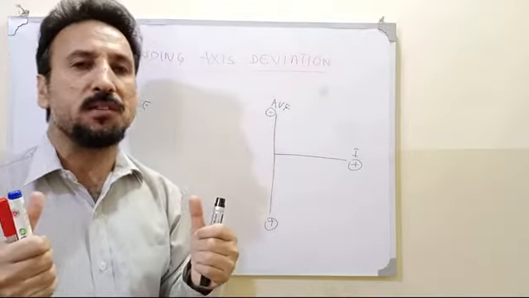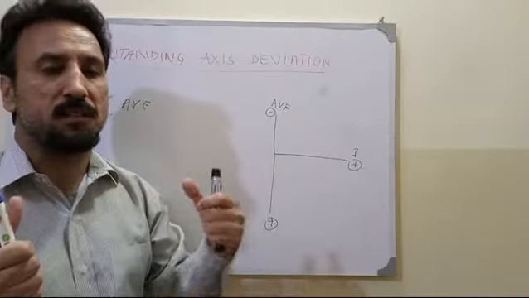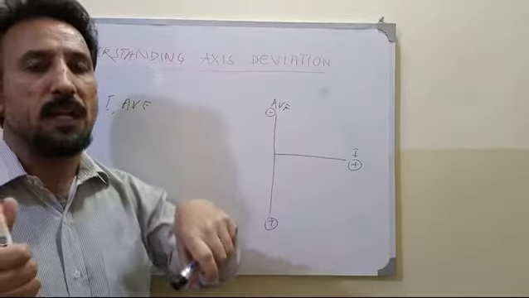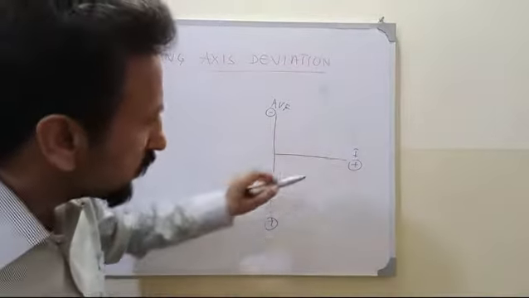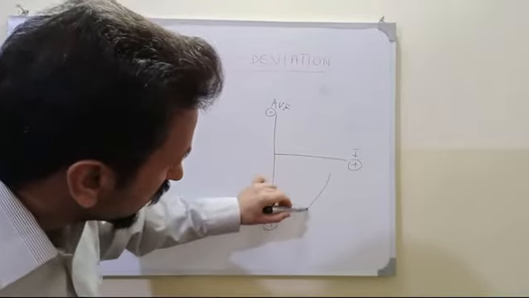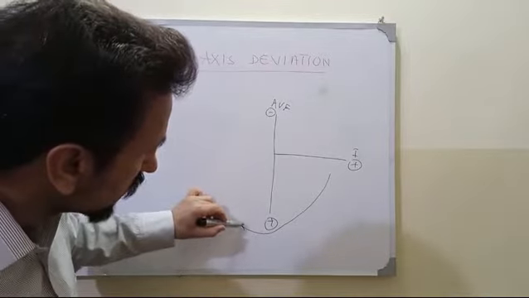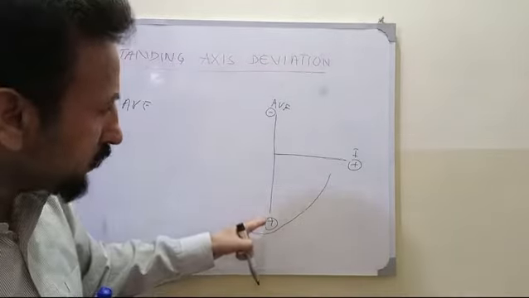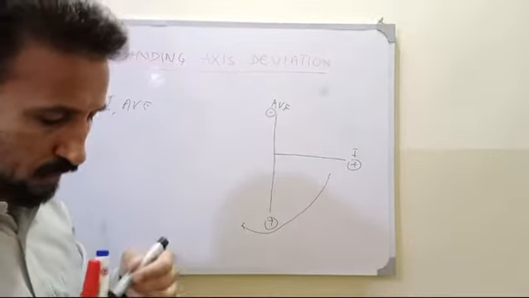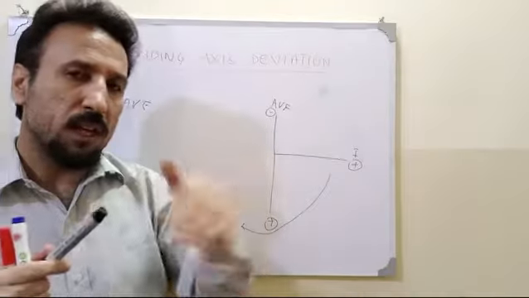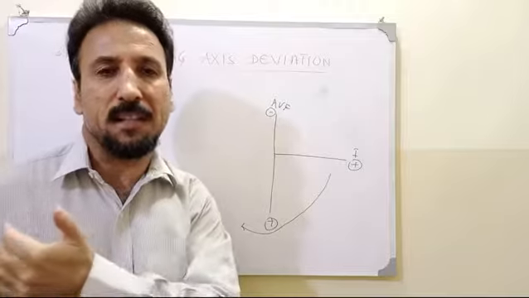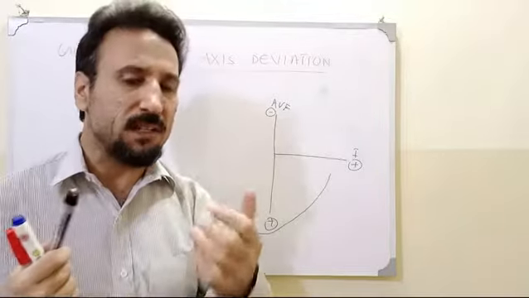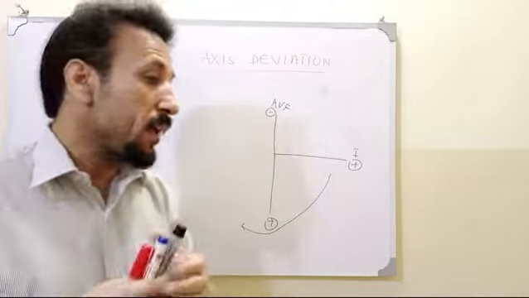Now, if the QRS complex is down in lead 1 and up in AVF, this means that the vector has shifted away from lead 1 towards the right side. So if the deflection is down in lead 1 and upward in AVF, this indicates that the patient has right axis deviation, right?